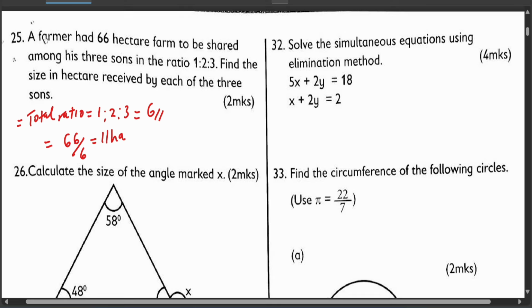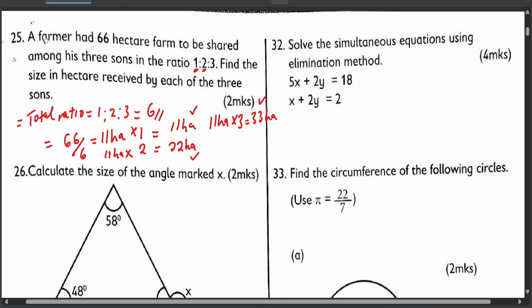So 11 hectares ni 1 share. Kama utamultiply na 1 itakupa ile first son, which is 11 hectares. Then 11 hectares multiplied by 2 gives you 22 hectares. And then 11 hectares multiplied by 3 gives you 33 hectares. So these are your answers.